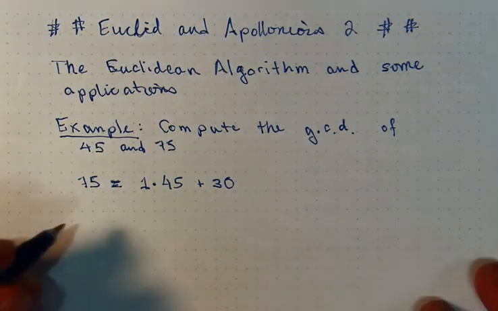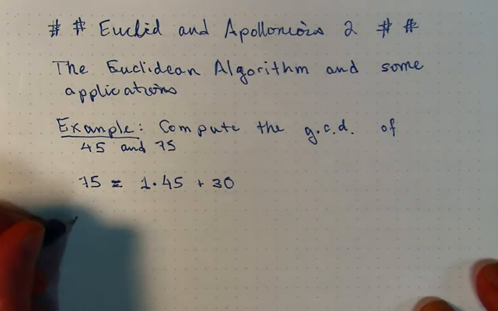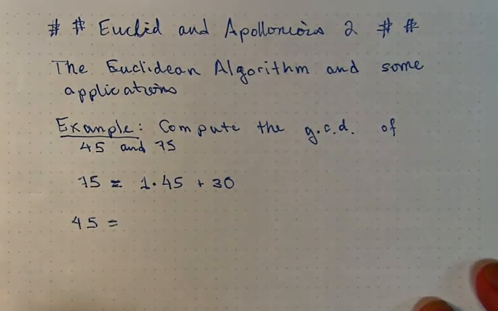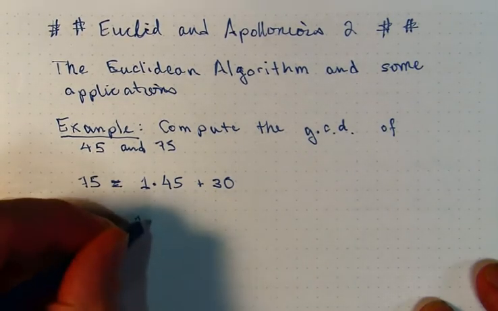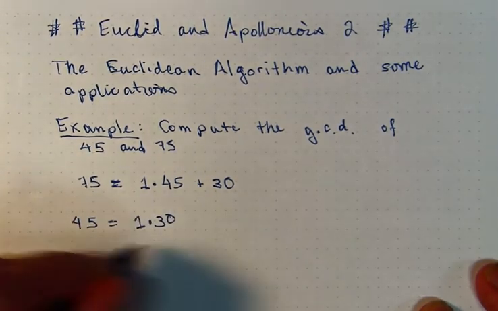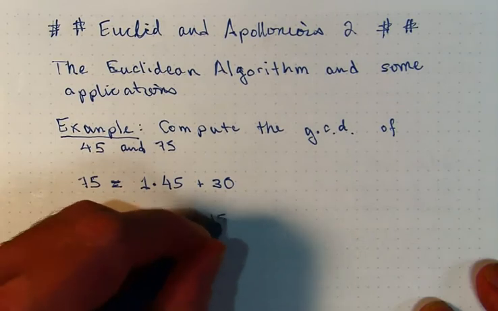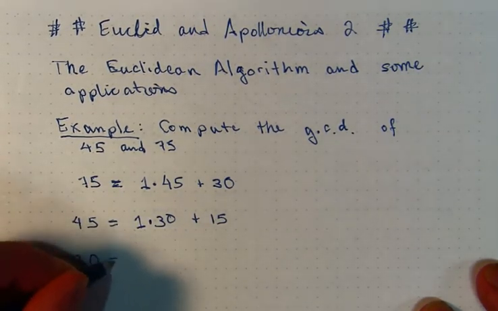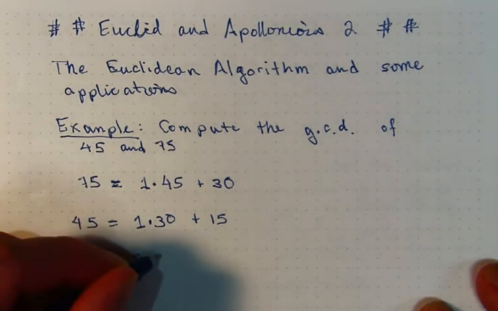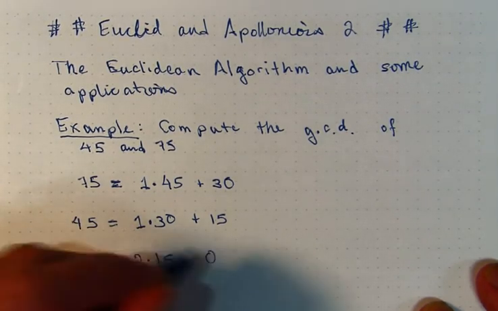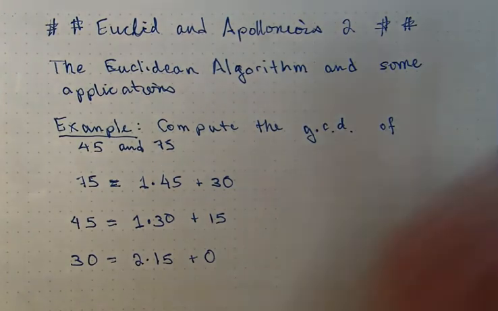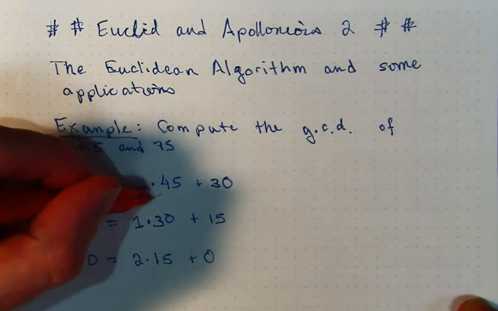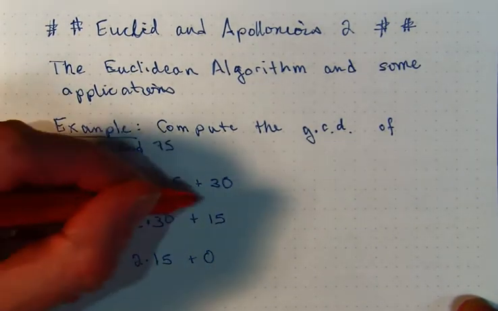Okay. Now, in the next step, we take 45 and we find the quotient and remainder when 45 is divided by 30. So 45 equals 30 plus 15. And then we apply that one more time. 30 equals 2 times 15 plus 0. Okay, so you'll notice that each time what we do is we shift things down like this.